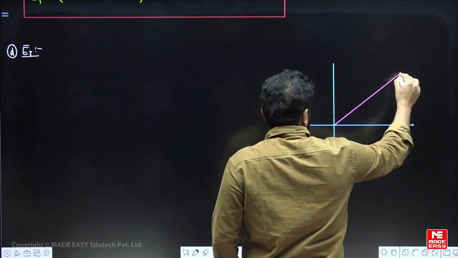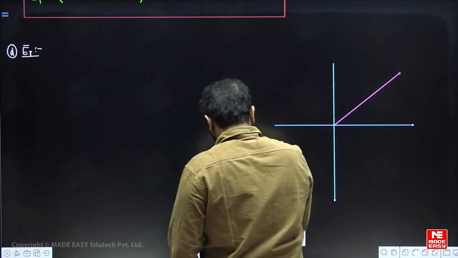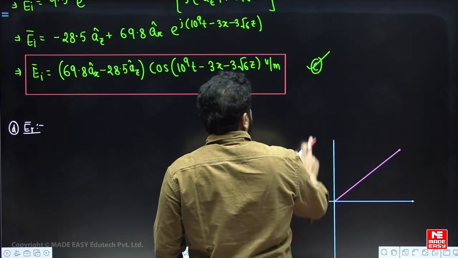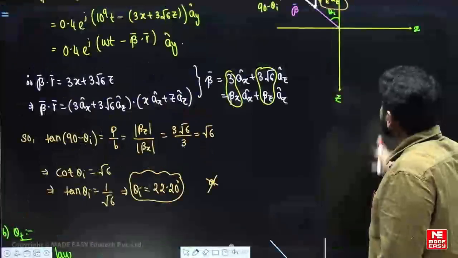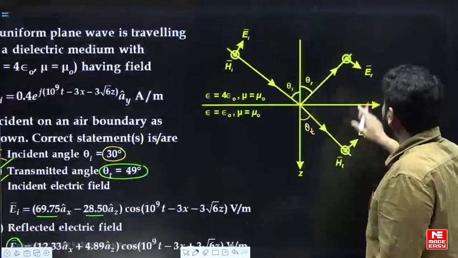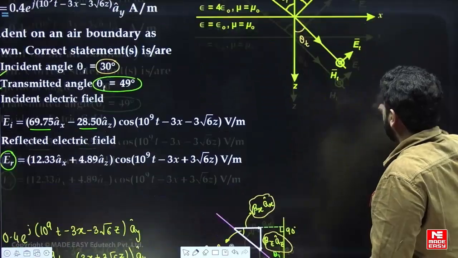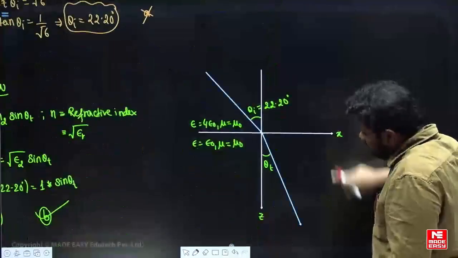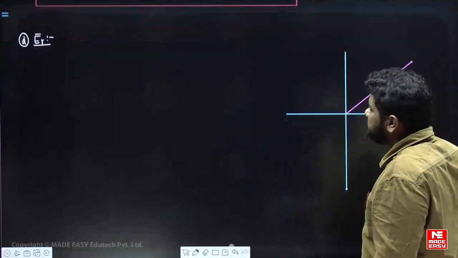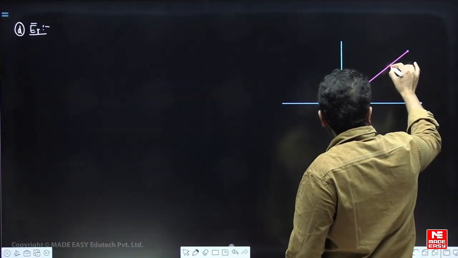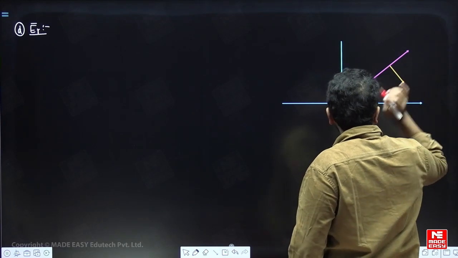The wave is going like this. Now let us see what is the direction of the electric field they have given, because they are interested in electric field. Electric field is downward, fine. So I will take that downward direction. That means electric field is in this direction, this is ER.